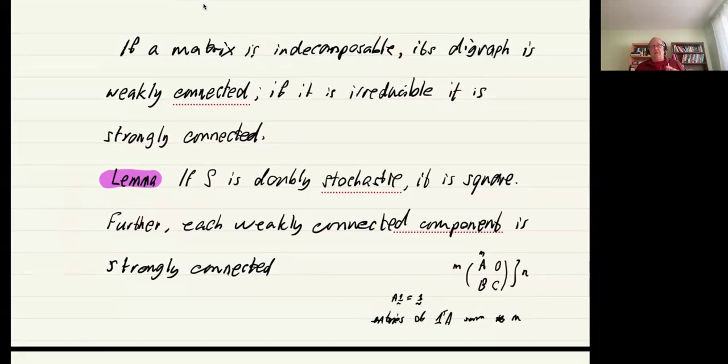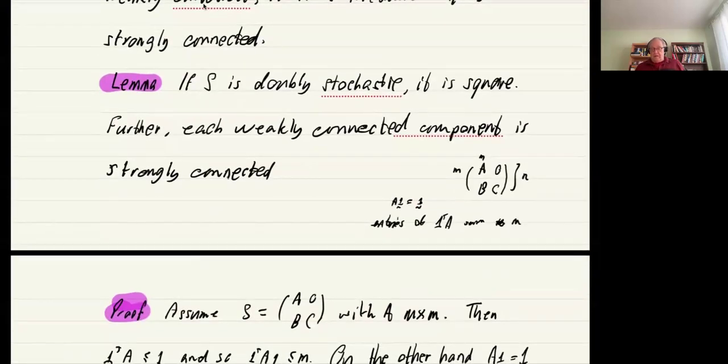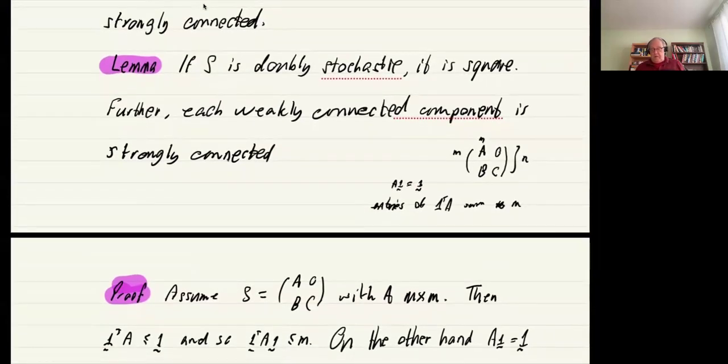So in other words, the two notions of connectedness don't differ, which is nice, so we don't have to fuss about it. So if it's doubly stochastic, it's square, and each weakly connected component is strongly connected. Okay, and that's a sketch of the proof just there, but we'll go into it.